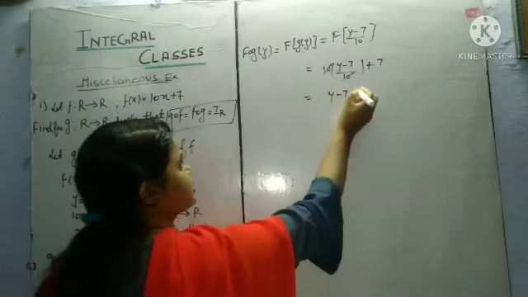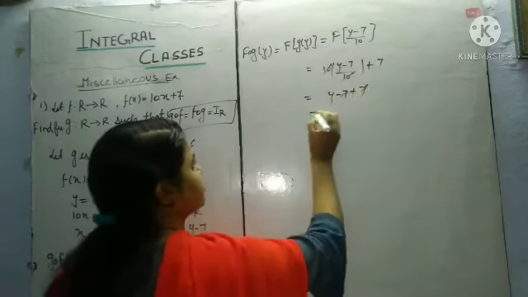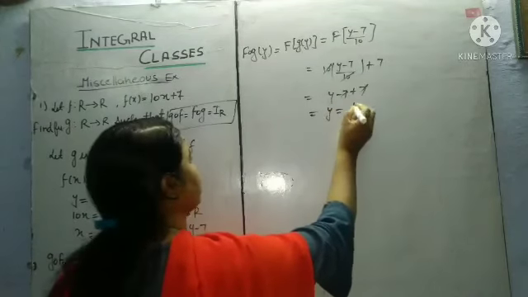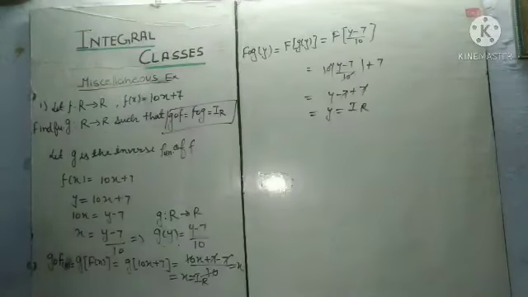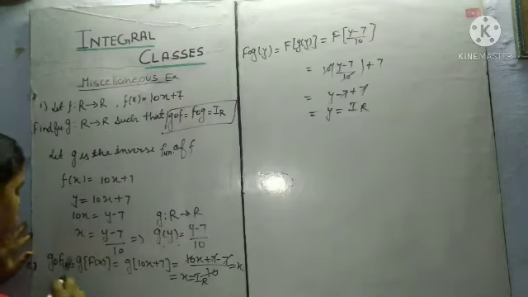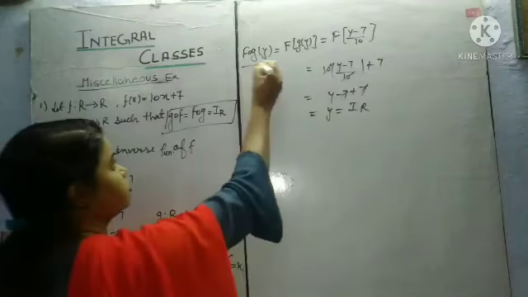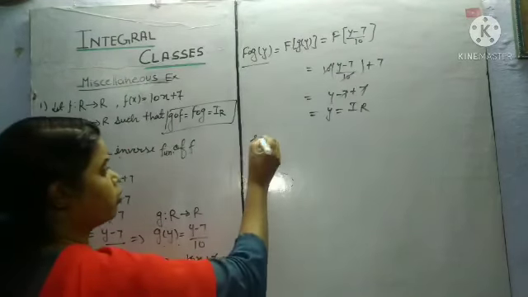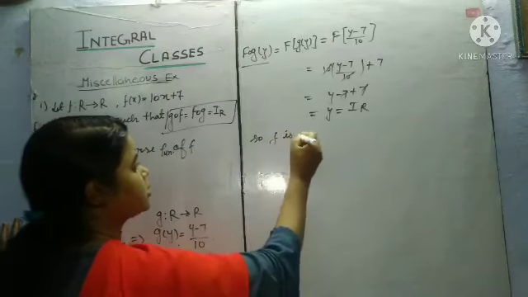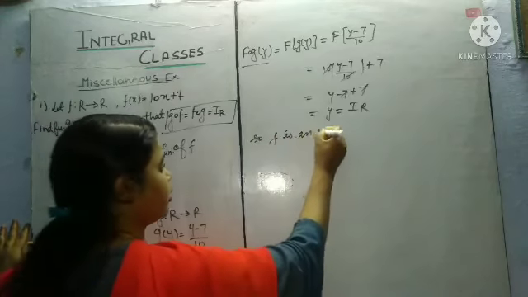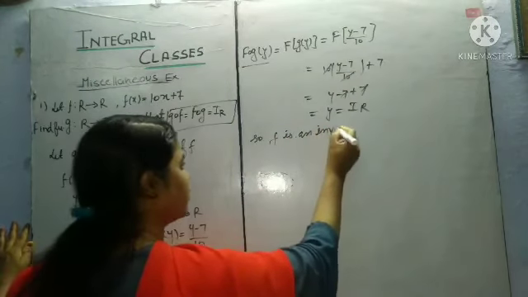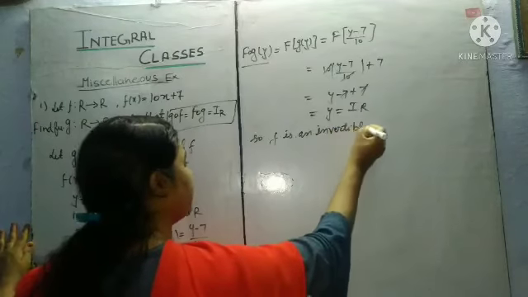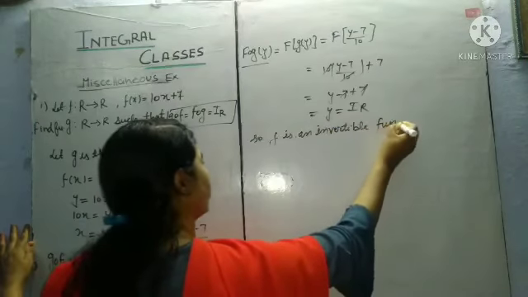So now y minus 7 plus 7, it means we will get y, which is equal to IR. So student, we have proved that f is an invertible function, because in these two conditions, g of f(x) and f of g(y), we get the value of IR. So f is an invertible function.